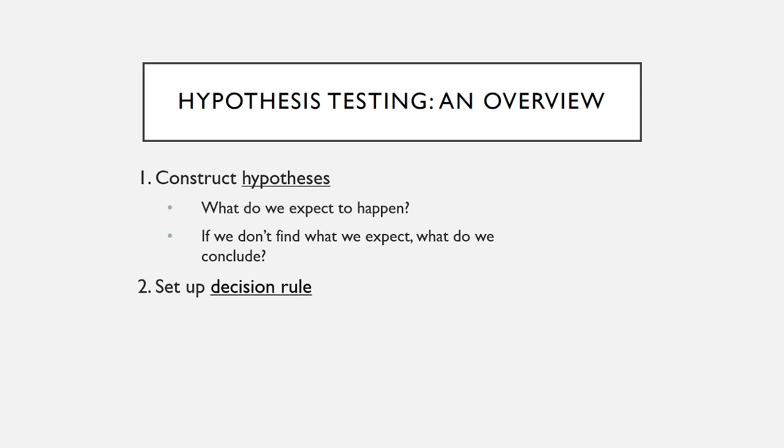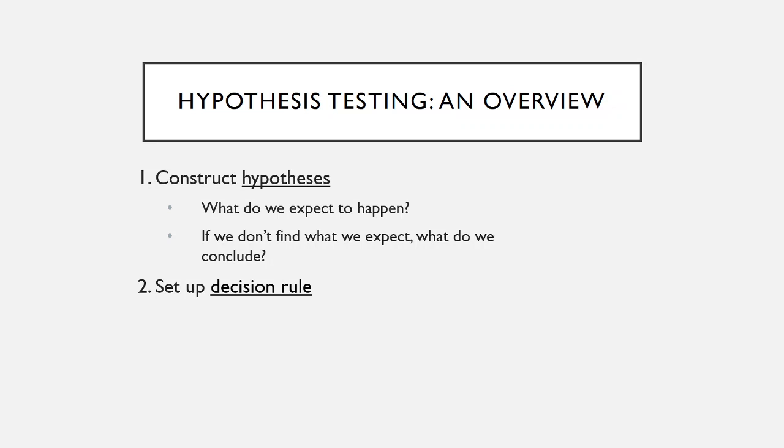Again, in advance of data collection and analysis, you need to quantify how strong of an effect you want to see before you're willing to accept that your findings represent a legitimate effect and not just a random fluke. This is again going to happen in advance of the data collection. I'm going to spend a lot of time talking about this step.